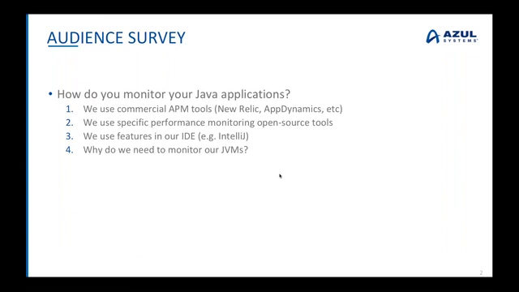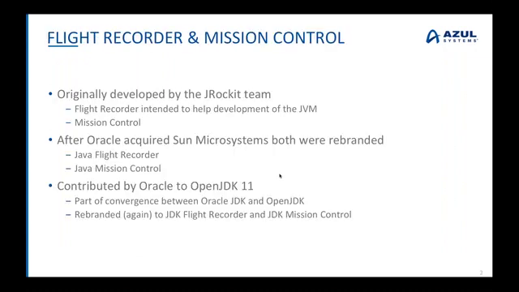Right then, okay, so let's talk a little bit about the history of where Flight Recorder and Mission Control came from. Now, they've been around for quite a long time, and they were originally developed by the JRocket team. The JRocket team were a team that developed not just the Flight Recorder and Mission Control tools, but also a virtual machine. And this is what Oracle acquired through the BEA acquisition.